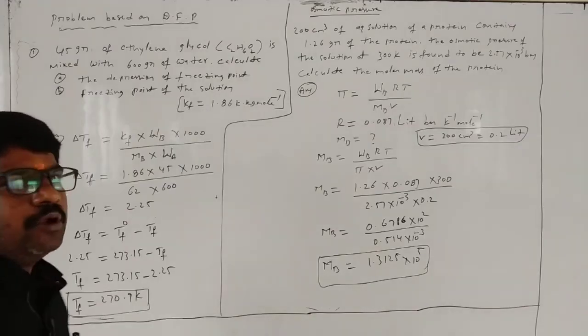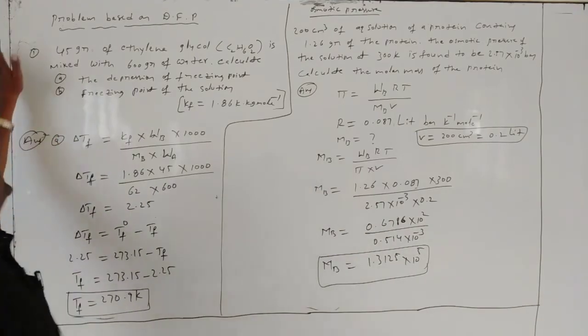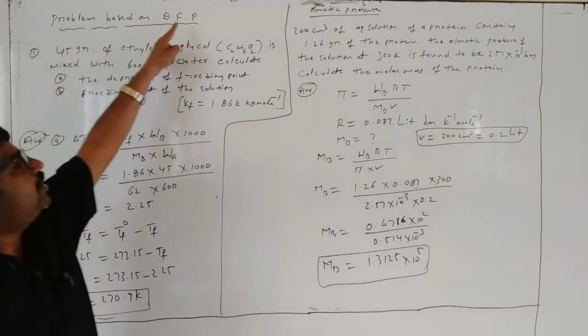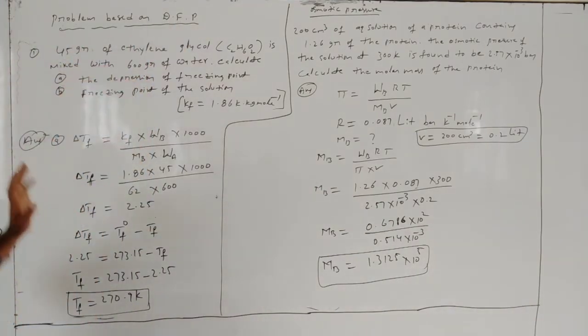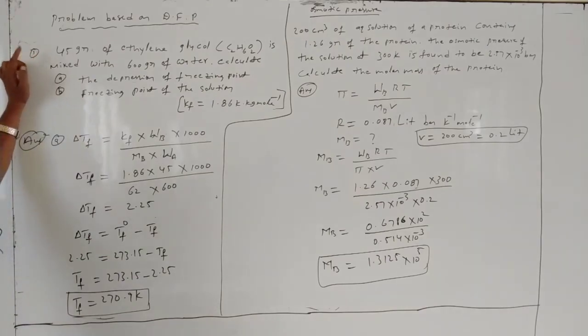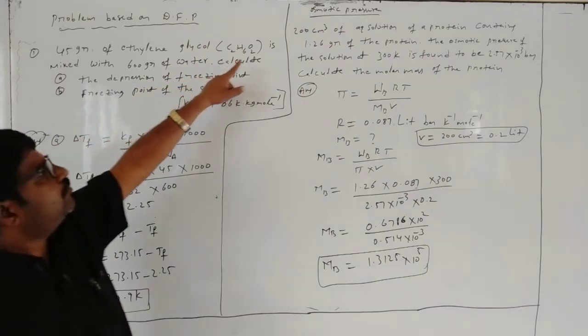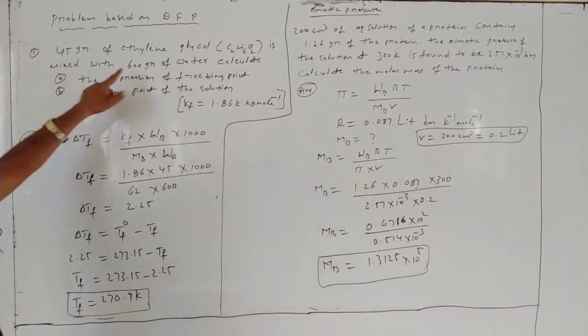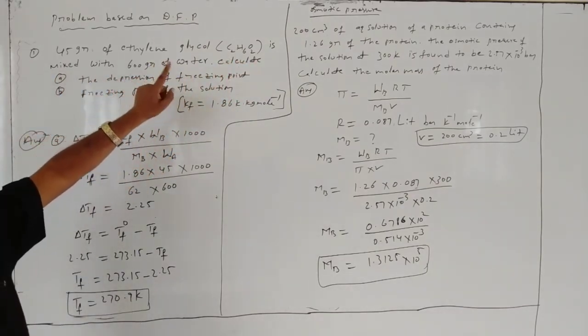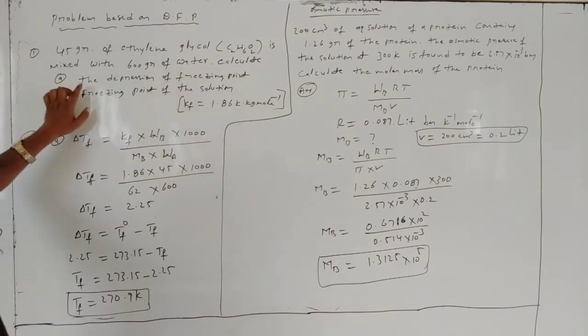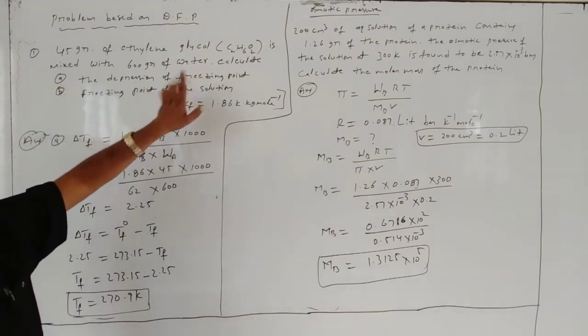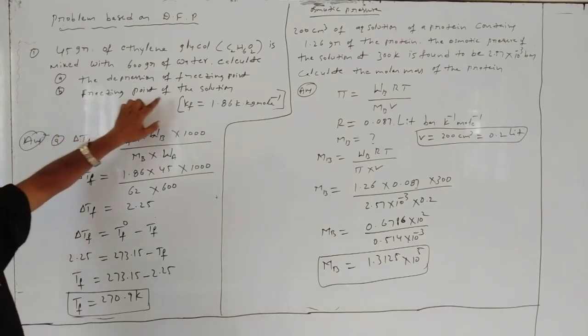Next, coming to problems. This is based on depression of freezing point. 45 grams of ethylene glycol, formula C2H6O2, is mixed with 600 grams of water. Calculate first the depression of freezing point, and second the freezing point of the solution.